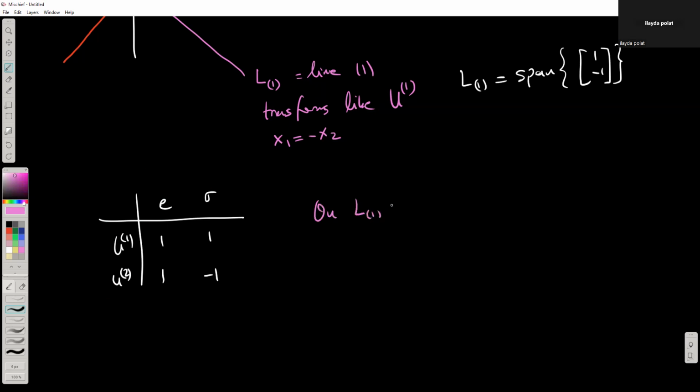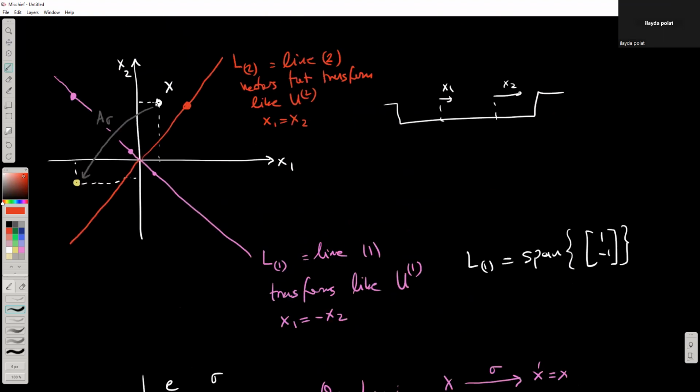On line 1, under a reflection, the vector does not change. So it transforms like this. On line 2, the vector under reflection is going to change to minus x, right? It's going to change sign, so reflection is equivalent to this.